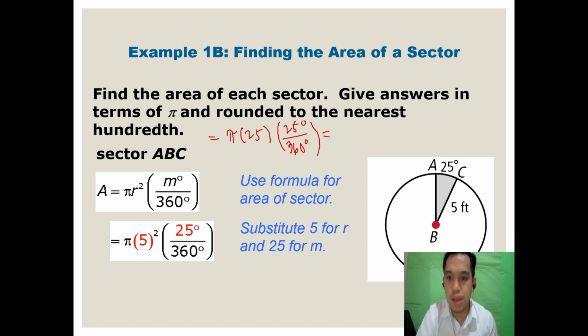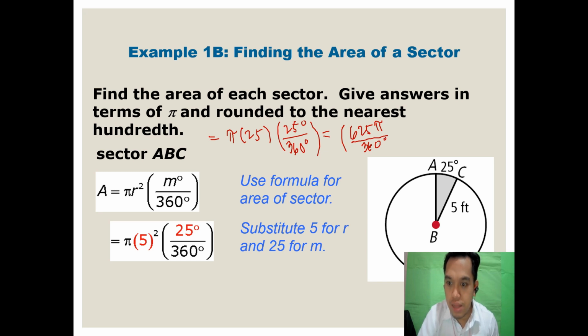So 25 pi times 25. 25 times 25 is 625. So we include pi here: 625 pi over 360 degrees.